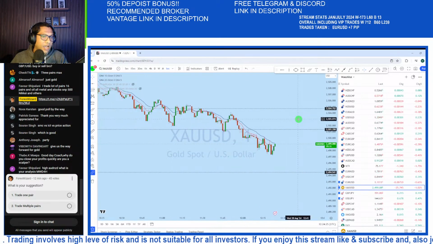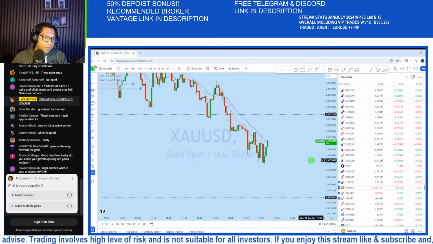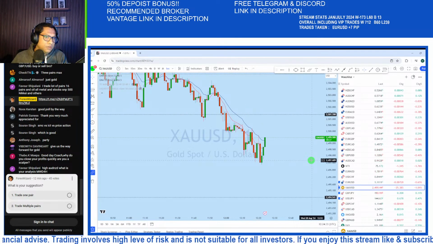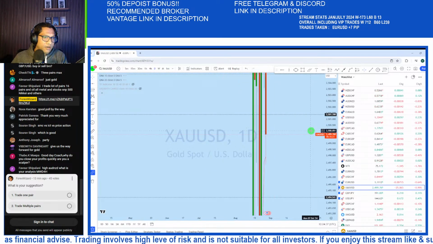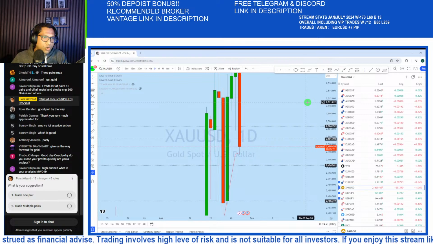There isn't any high impact news, but you see some short-term bounce here. We look at the daily here. From the daily 10 EMA, we might see some short-term bounce here.